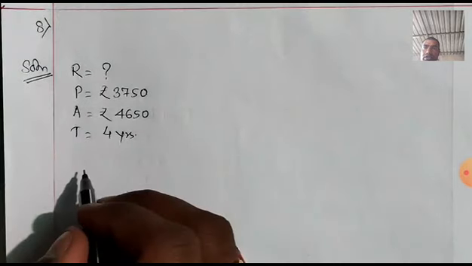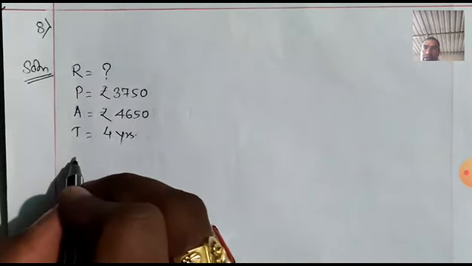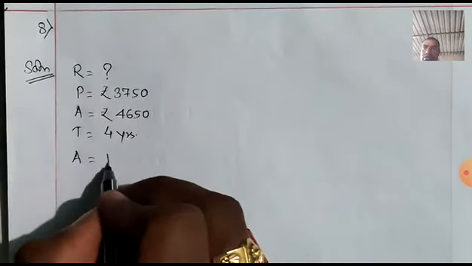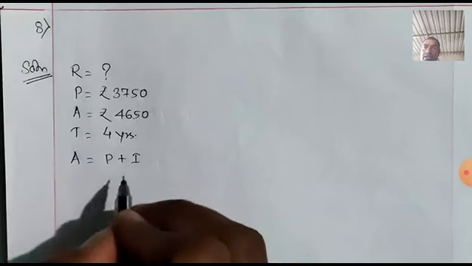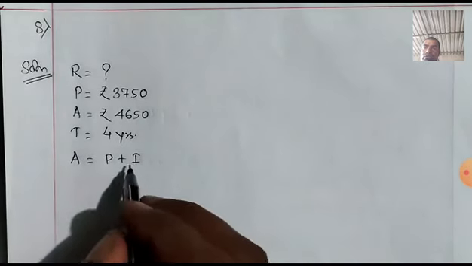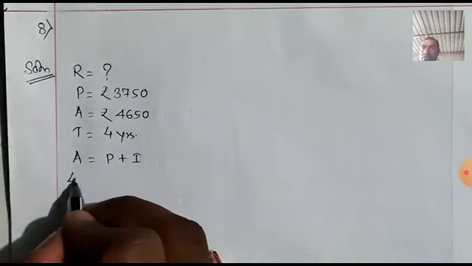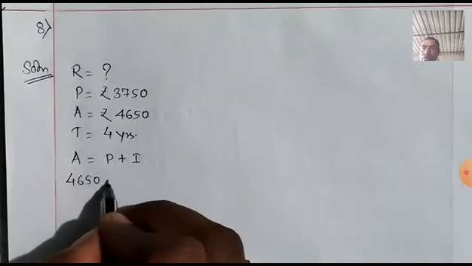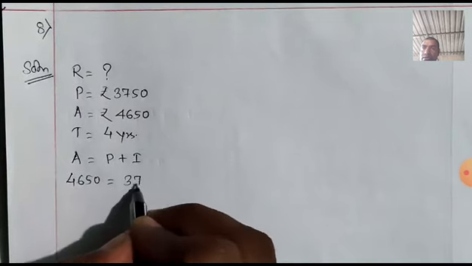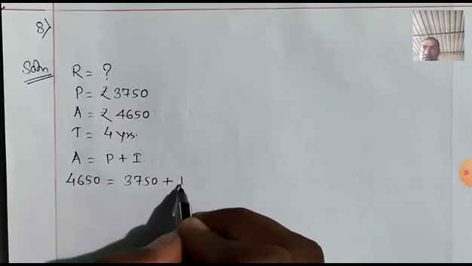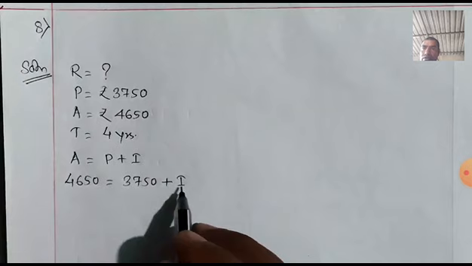Now we are first finding the SI. Amount is equal to P plus I. Then put the values. Amount 4650 is equal to P 3750 plus I, which is not given.